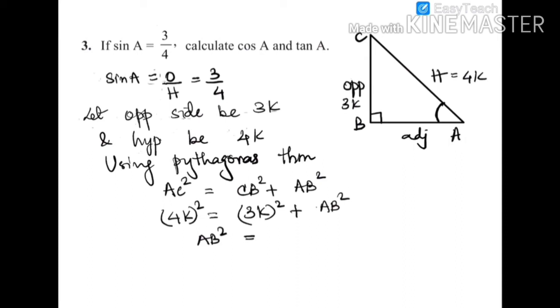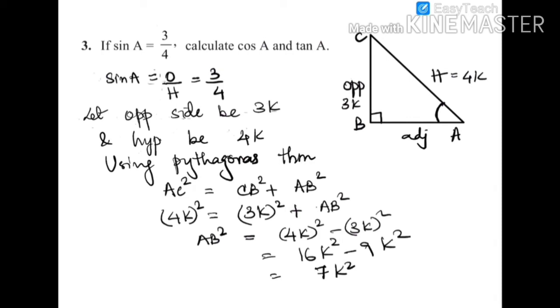Keeping AB square on one side, we get 4k square minus 3k square. So this is 16k square minus 9k square, which gives us 7k square. So AB will be root 7k. So we have got adjacent side as root 7k in this triangle.